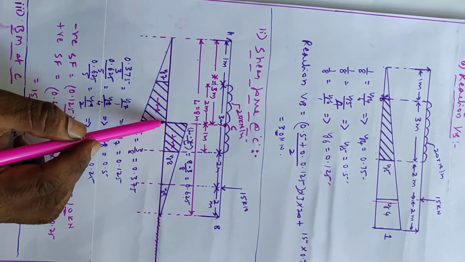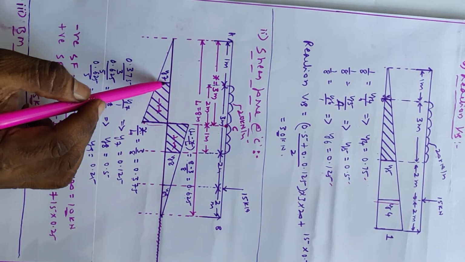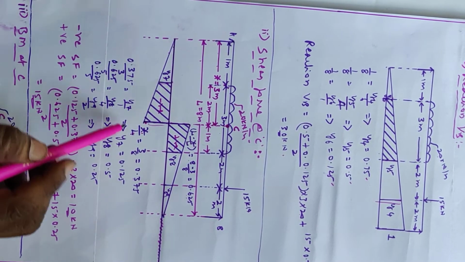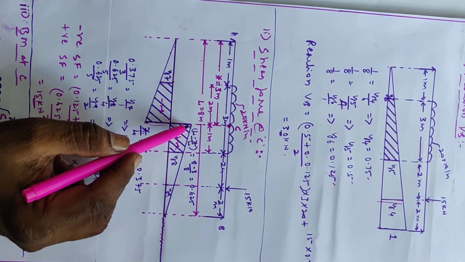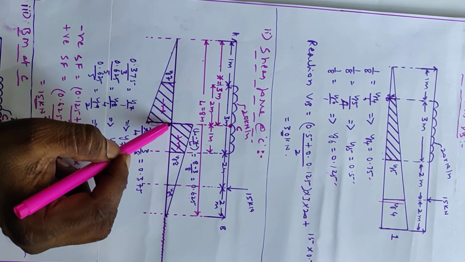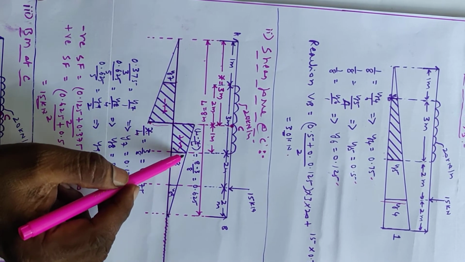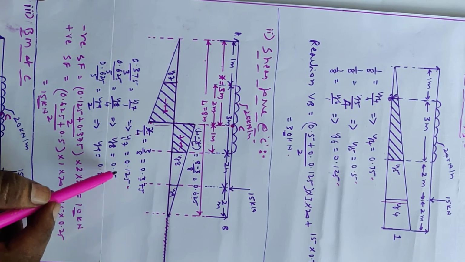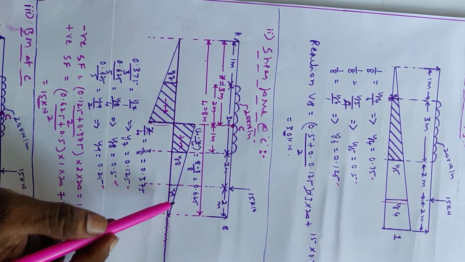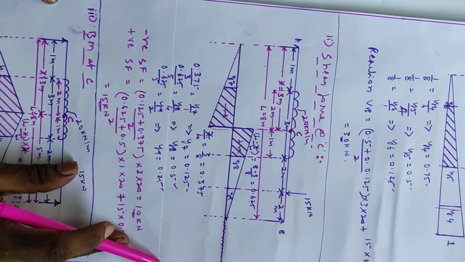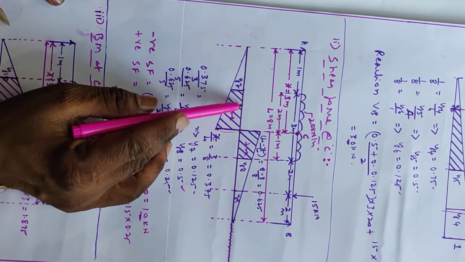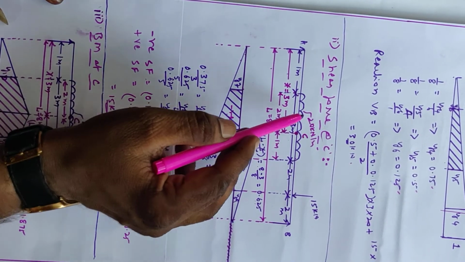From this triangle, similar triangle property, this divided by this equal to y7 divided by this 1 meter. We calculated y7. Similarly from this triangle, 0.625 divided by this length equal to y8 by this length. I calculated y8. Similarly y9 also I calculated. Therefore maximum negative shear force means this area into intensity.